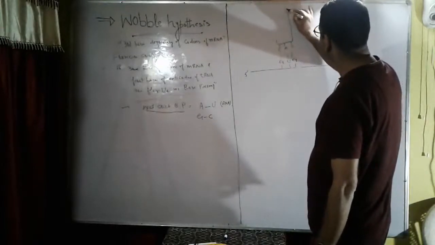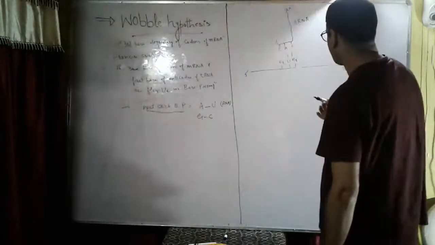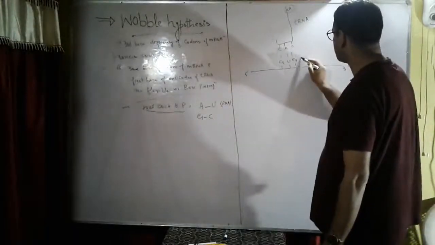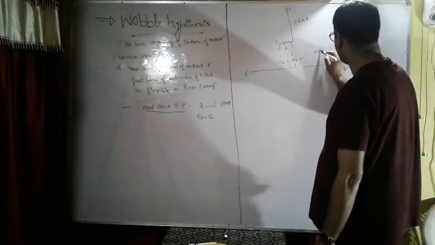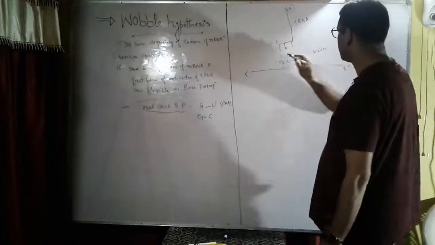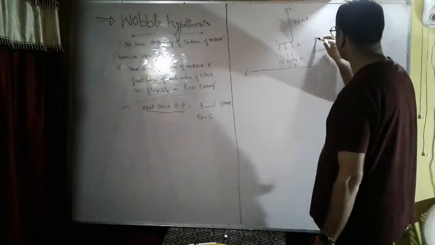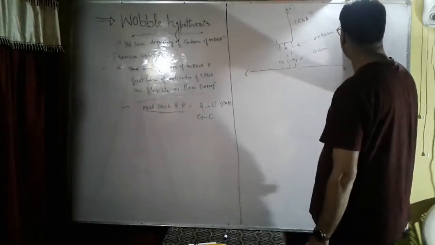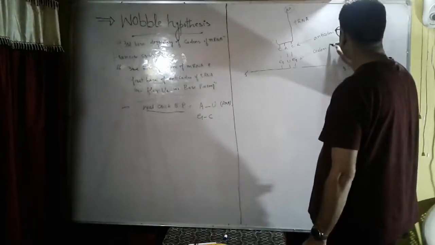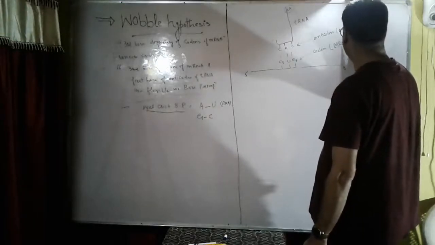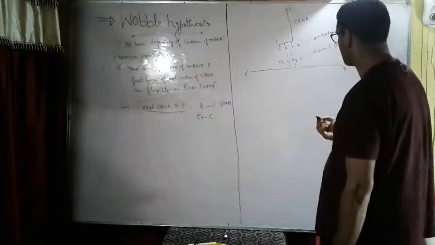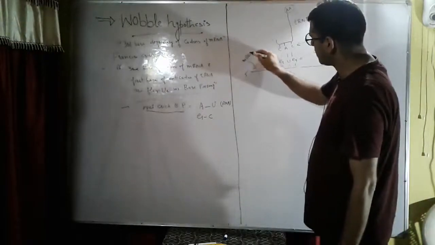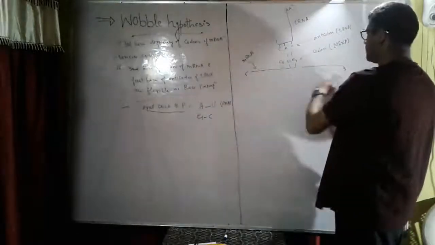This tRNA has an amino acid. This is the codon of mRNA, and this is the anticodon of tRNA. This is messenger RNA, from 5' end to 3' end.